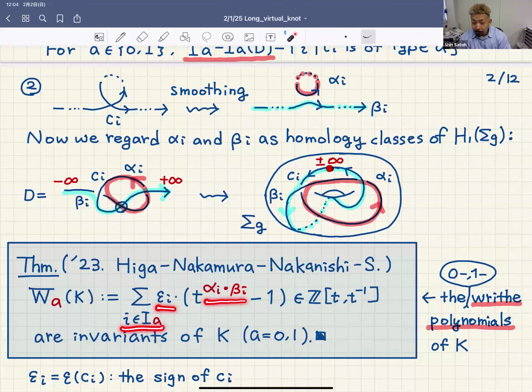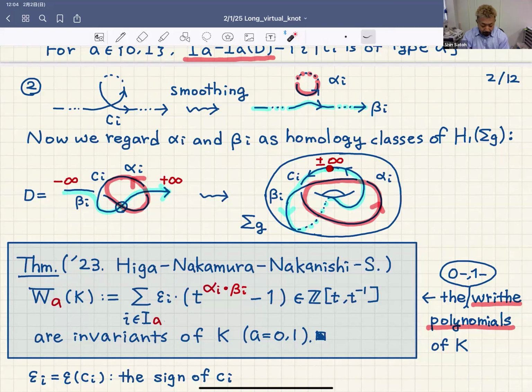Then we see that these two polynomials, W0 and W1, are invariants of a long virtual knot K, and call them the 0 and 1 rise polynomials of K, respectively.